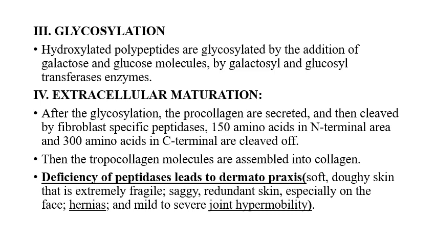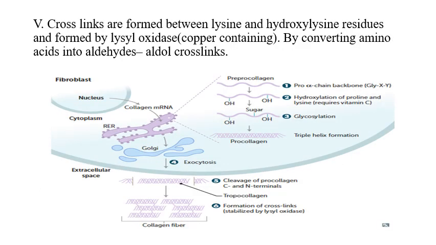Once this is done, cross-linkings will be formed between lysine and hydroxylysine residues with the help of the lysyl oxidase enzyme, and this requires copper. So any deficiency of copper during this cross-linking of lysine and hydroxylysine residues will lead to a disease called Menkes disease.